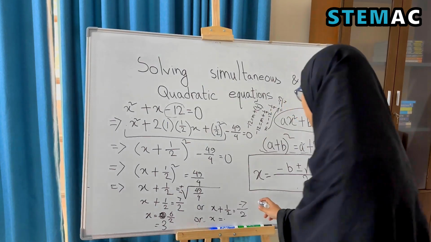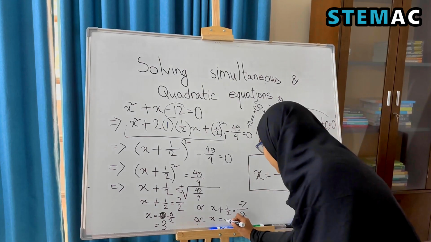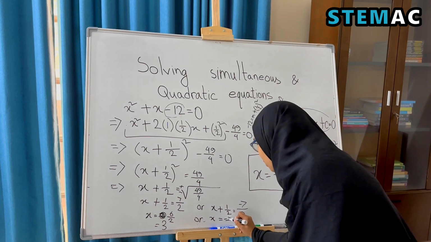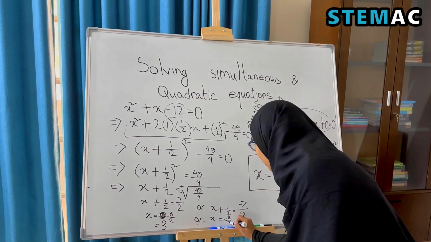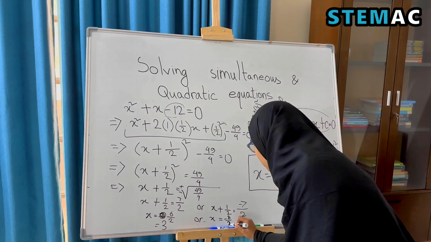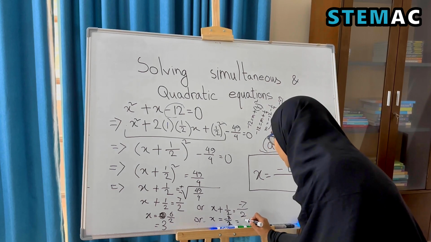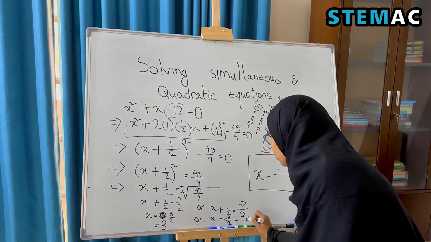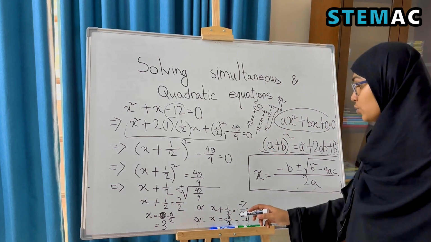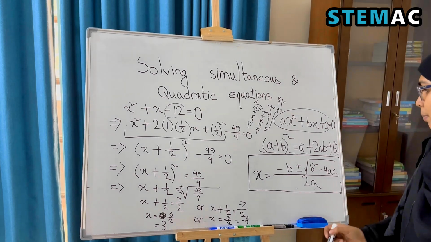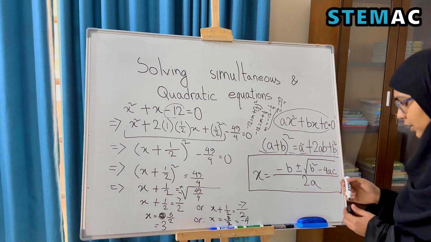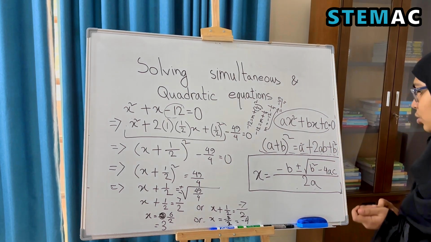Or x equals minus 7 by 2 minus 1 by 2 gives us minus 8 by 2, which makes x equals minus 4. So we get x equals 3 or x equals minus 4 by using the completing the square method.